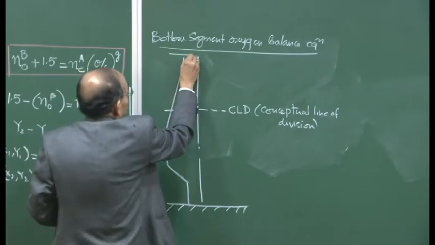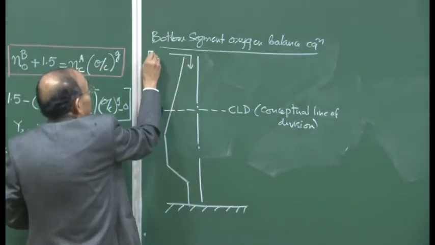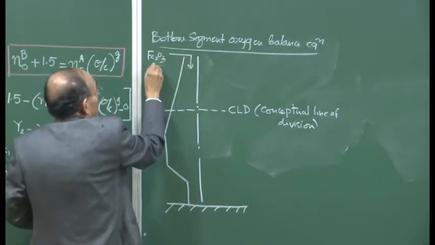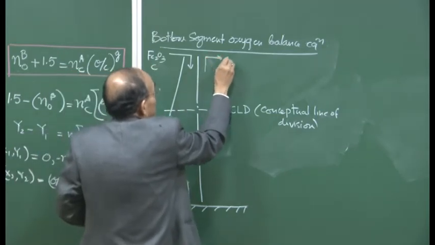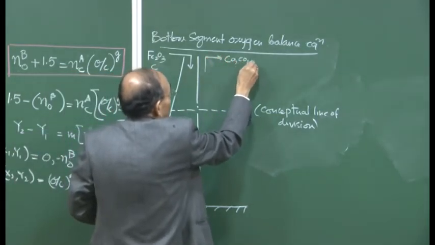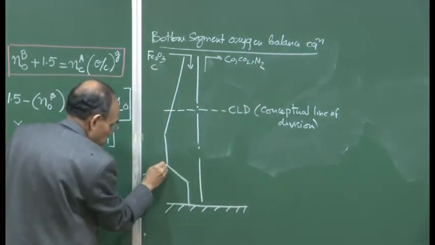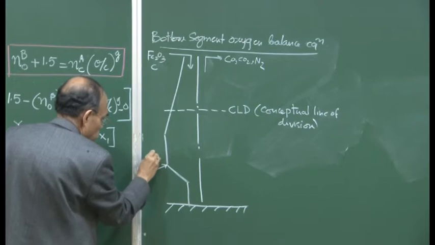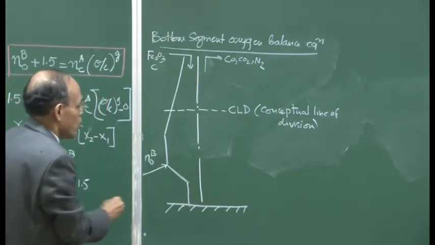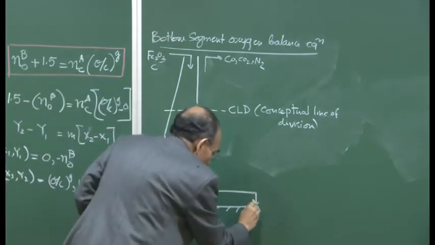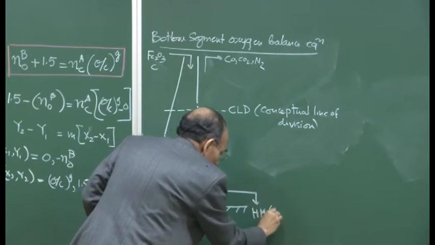And we still have the same thing continuing, the ideal discussion: Fe2O3, pure carbon, off gas, CO2, N2, blast, NOB, hot metal, 4.3% carbon.